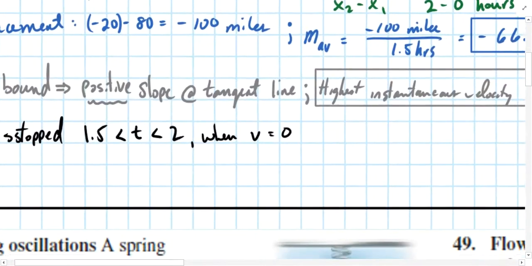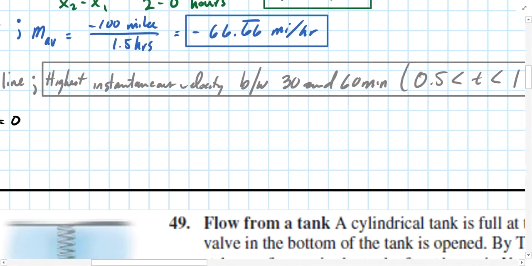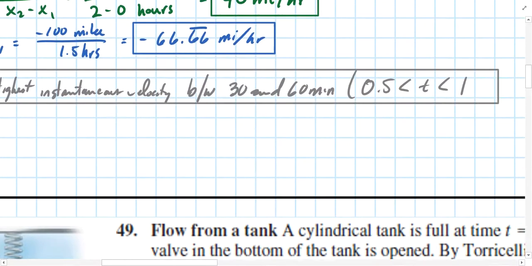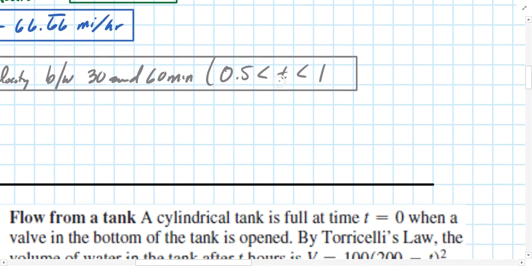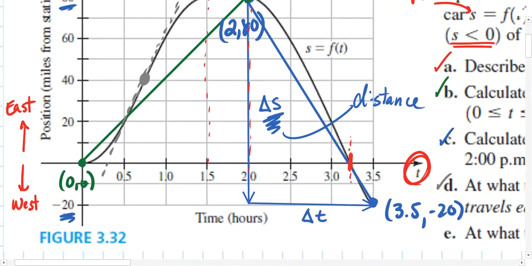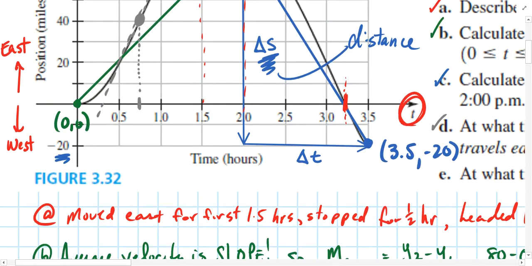And so again, I'm just noting that eastbound is some sort of positive slope at the tangent line, and I would argue that the highest instantaneous velocity occurs between 30 and 60 minutes after start, or somewhere between 0.5 and 1 on the t-axis. It might very well be right here in the center. It's just a little bit hard to verify that, since we don't have an equation to actually perform the math.